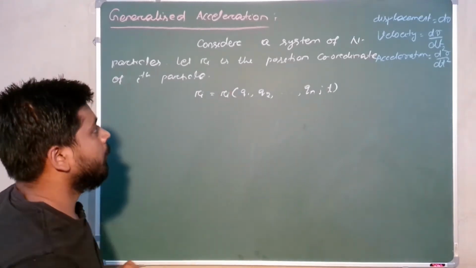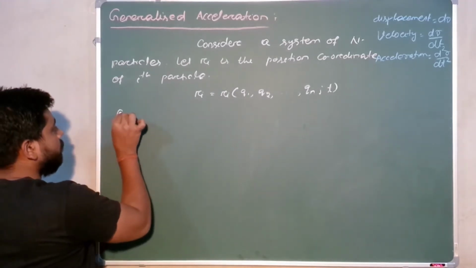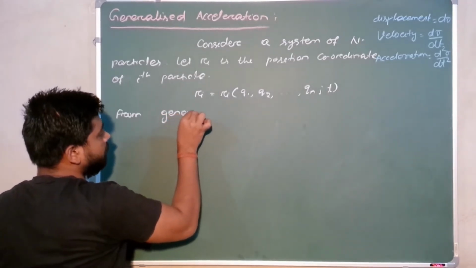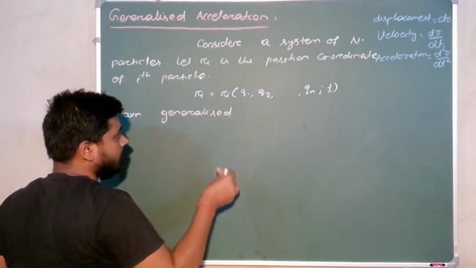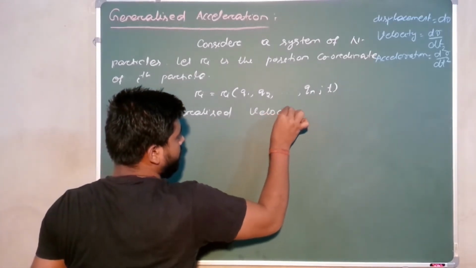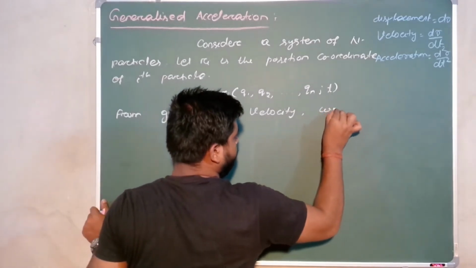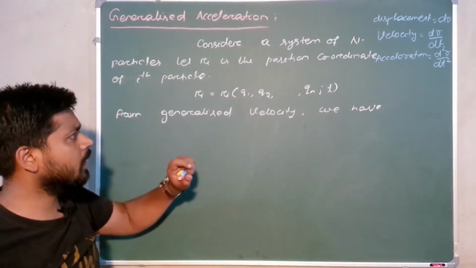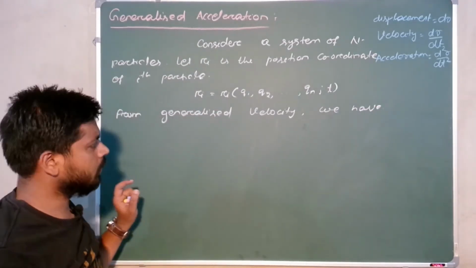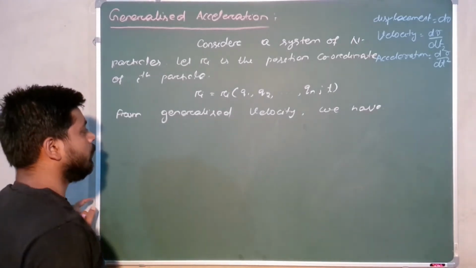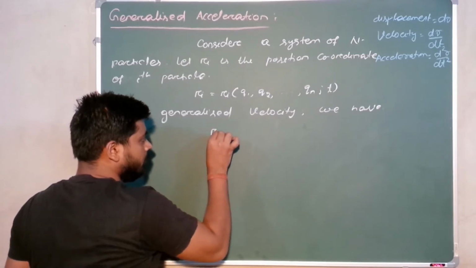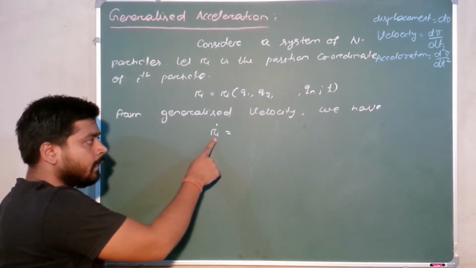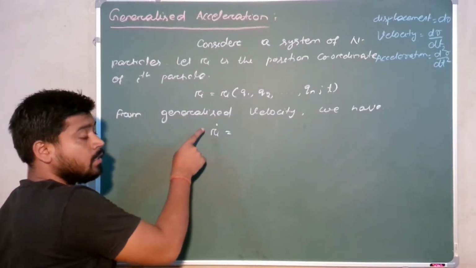From the generalized velocity, what did we get?